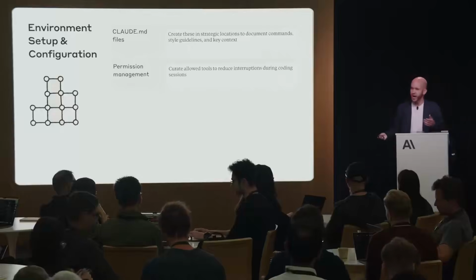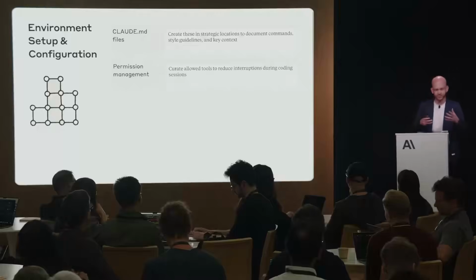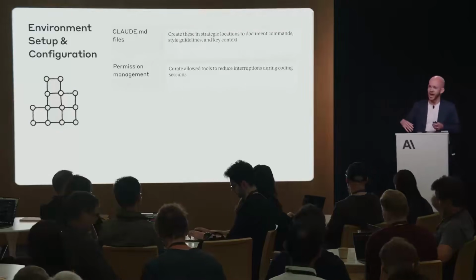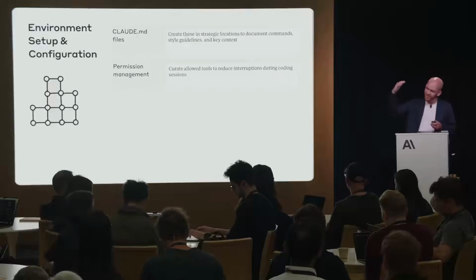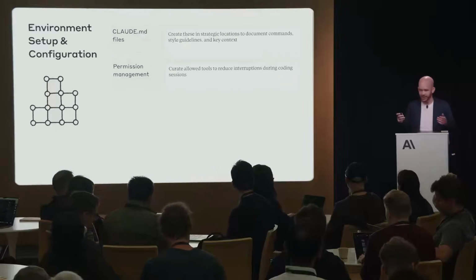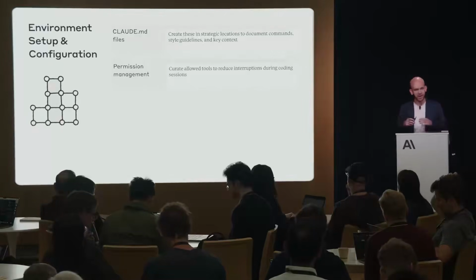But once it starts writing, running bash commands, or doing things that could potentially change stuff on your machine, that's when we kick in this UI that says something like, yes, always allow this, or no, I want to do something else. Using permission management and being smart about it can help you work faster. There's something called auto accept mode: if you're working with Claude Code and you press Shift Tab, Claude will just start working.